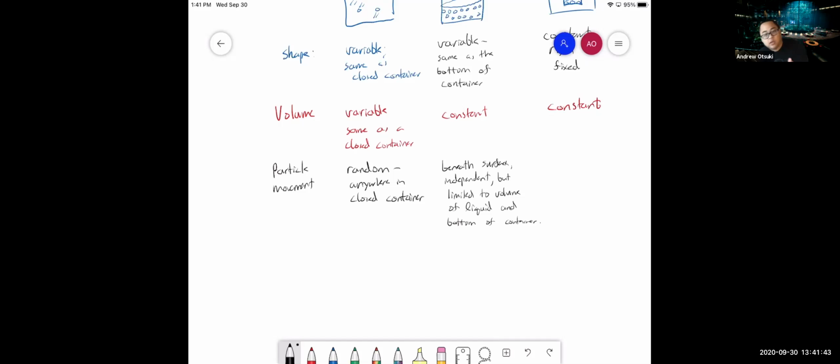So the liquid can move freely underneath the surface of the liquid, anywhere, independently of the particles. But that movement is determined by the liquid itself, how much volume it occupies, and the shape of the container, or where it can go in parts of the container.